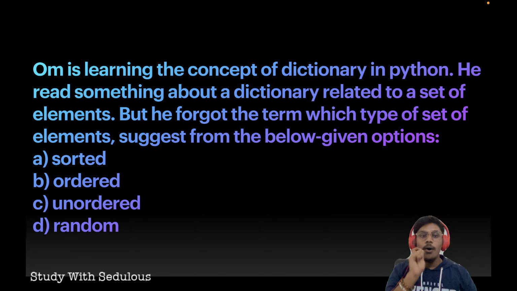Om is learning the concept of dictionary in Python. He read something about a dictionary related to a set of elements, but he forgot which type of set of elements. Suggest from the given options: sorted, ordered, unordered, random. Okay, dictionary is an unordered type, right?